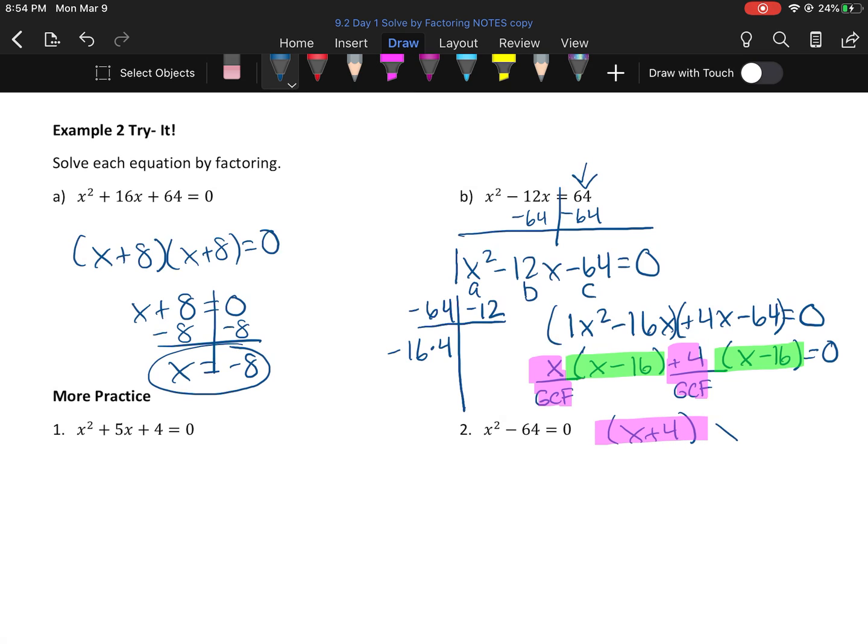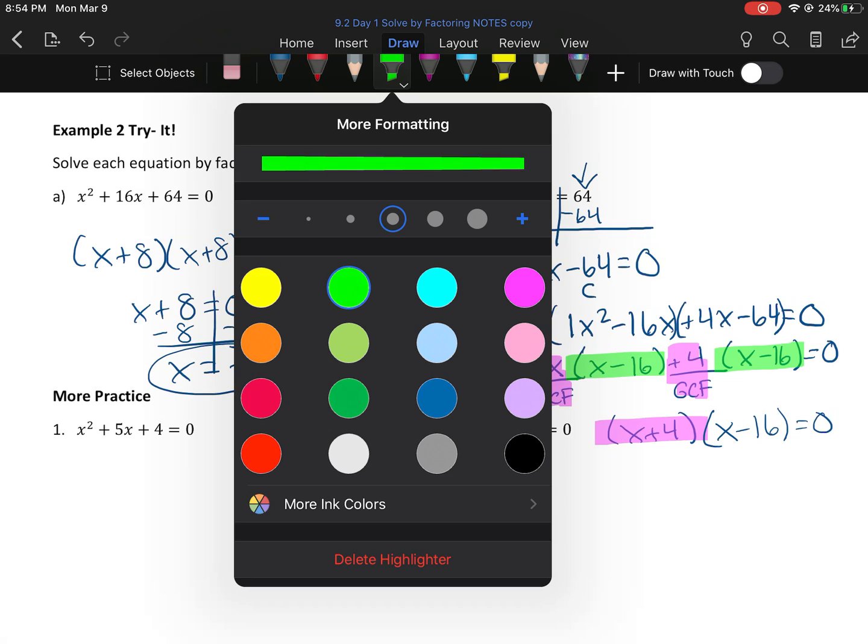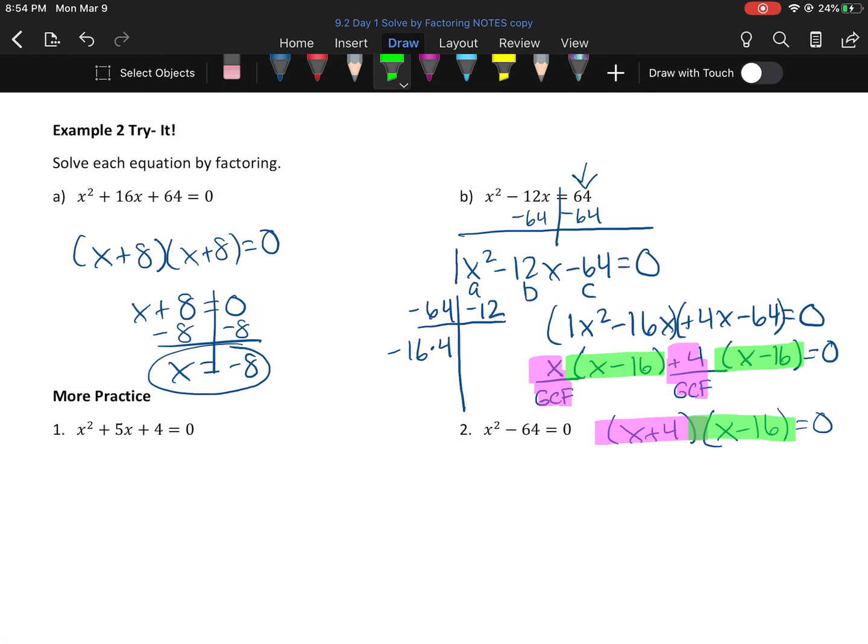And then I'm going to take what's in green. But because we have an equation, I need to go ahead and solve that using the zero product property. So I'm going to split this up and do x plus 4 equals 0 and x minus 16 equals 0 to solve for x.